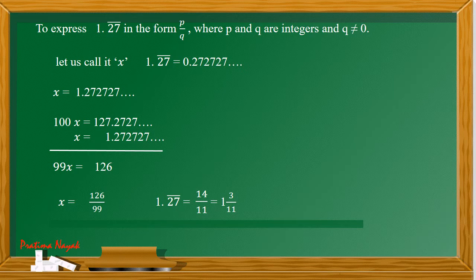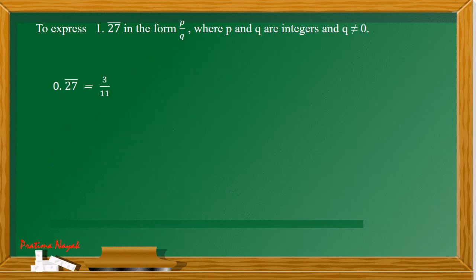We can do the same thing. You convert 0.27 bar, which was 3 by 11, and put a 1 whole. Or we can write directly 1.27 bar in the form of p by q, where p and q are integers. First we know that 0.27 bar is 3 by 11 and we have converted.